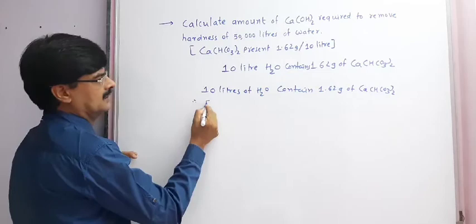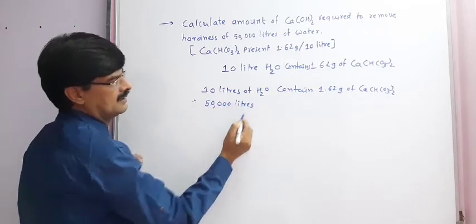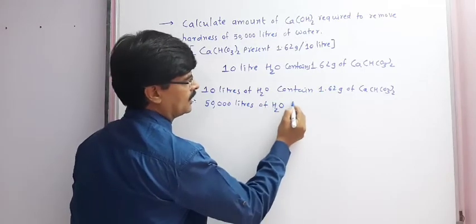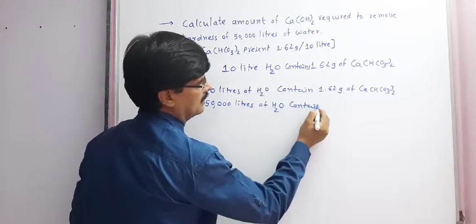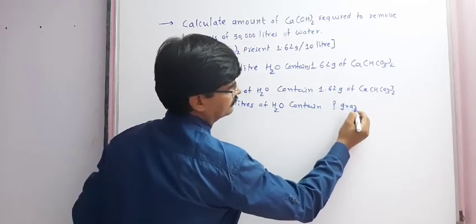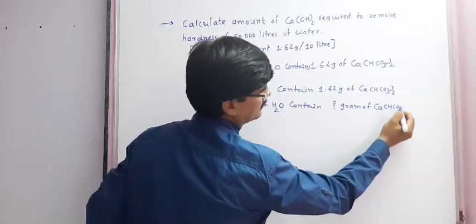Therefore, 50,000 liters of water contain what gram of calcium hydrogen carbonate?